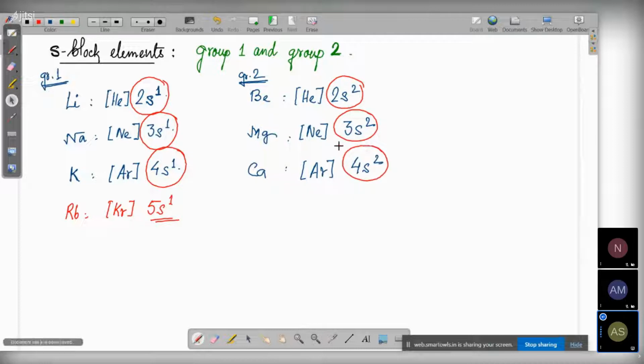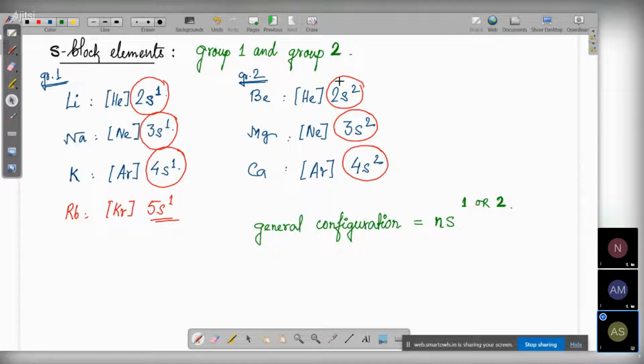So if we just generalize the situation, the general configuration is going to be ns1 or 2.